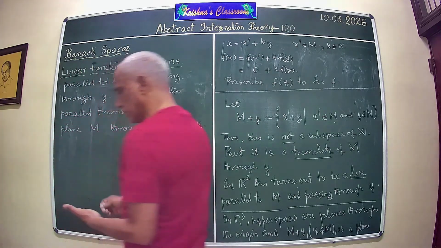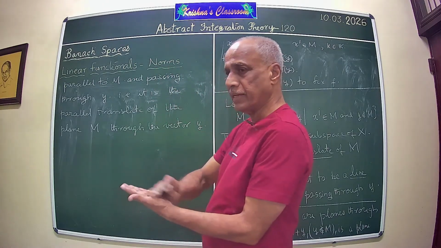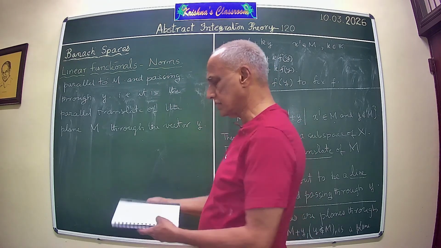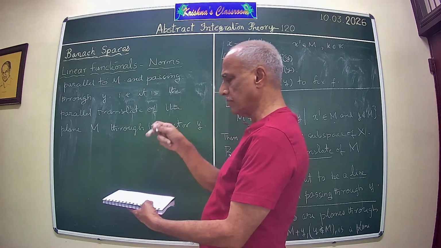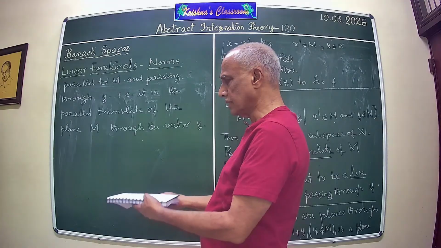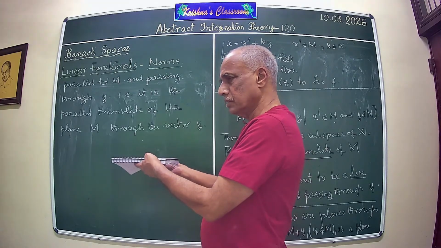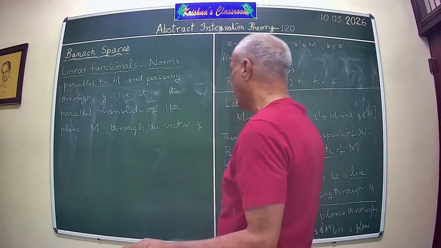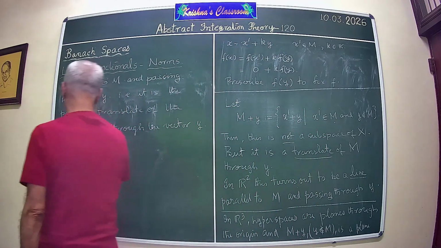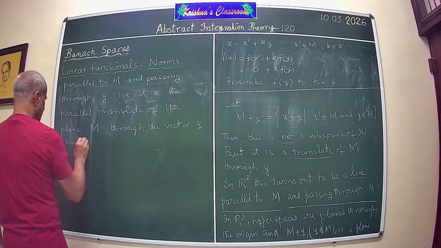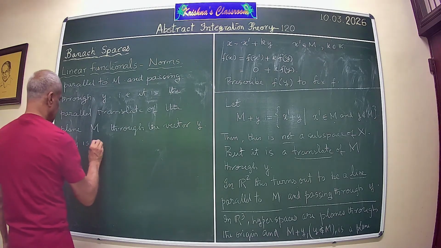So you take, suppose this is the plane that passes through the origin, and this is a vector, then you translate this parallelly through the vector, so that is the plane, and this is not a subspace.